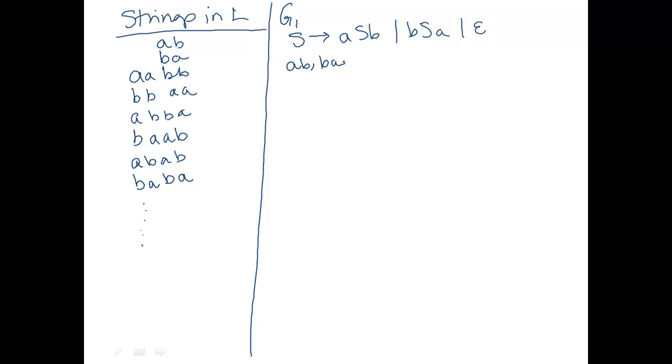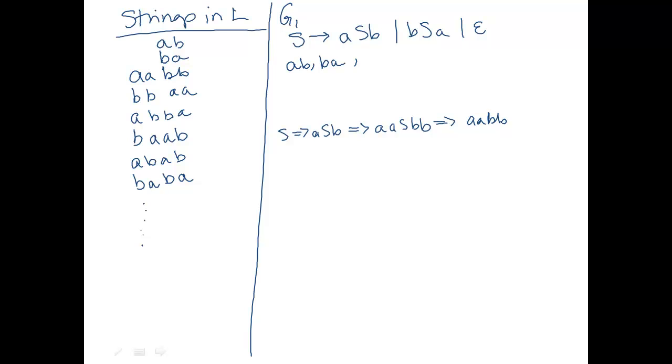Let's try using two rules. If I use the first rule followed by the first rule again, we'll make a derivation down here so we can see what's happening. S goes to ASB, and then I use the first rule again, ASBB, and then let's get rid of that S: AABB.